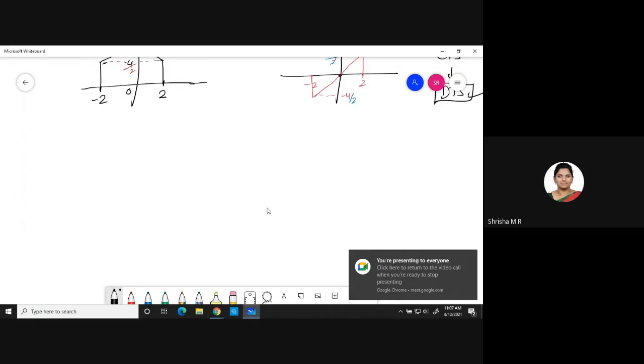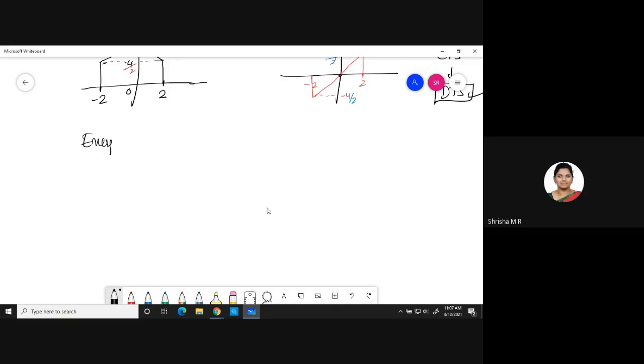Now we shall start with energy and power signals. For energy and power signals, you have some equations. Until when will you take class, ma'am? 11:45. Okay, fine. There are two types of signals, energy signals as well as power signals.